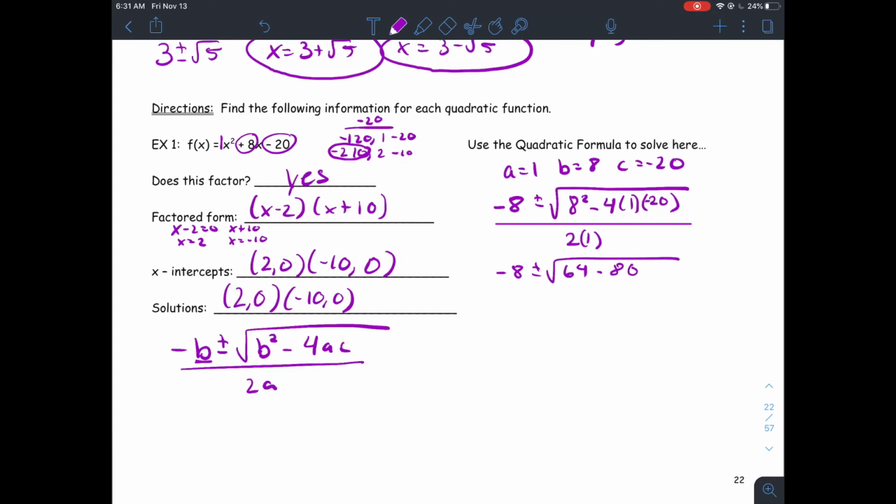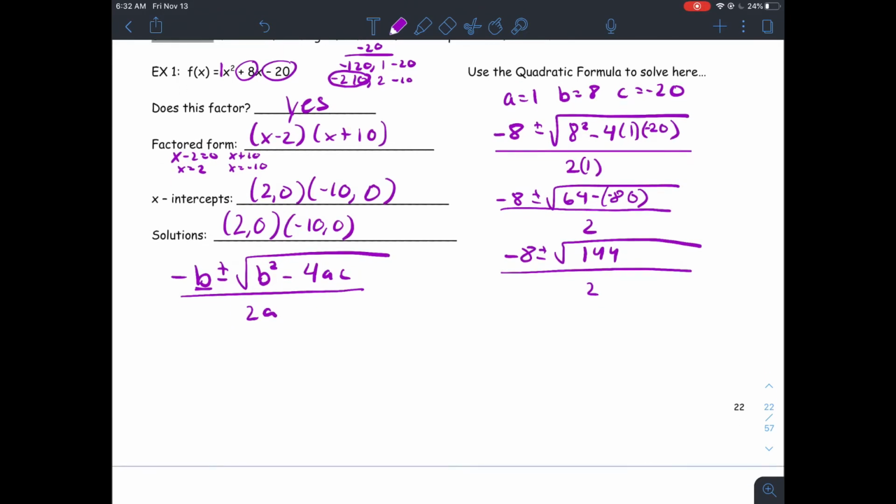So 4 times 1 times negative 20 is going to give us a negative 80. I was like, something's not right there. And that is all over 2. And then we could do 64 minus negative 80, which is going to give us 144 all over 2 still.